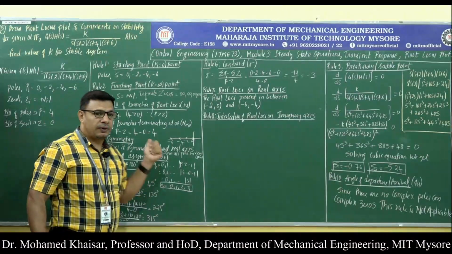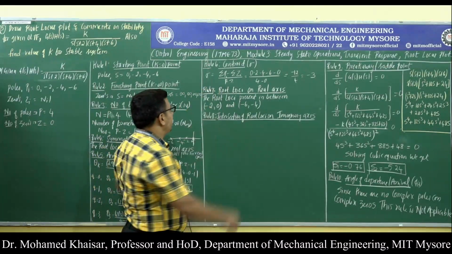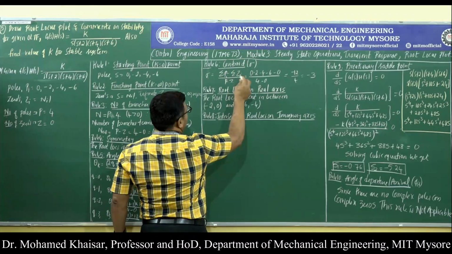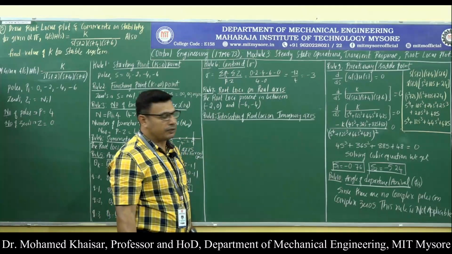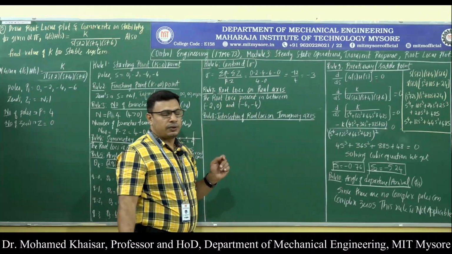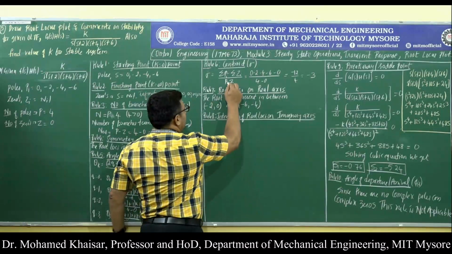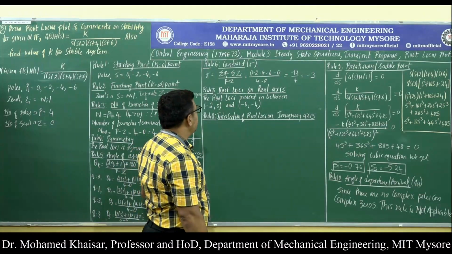They emerge from a point on the real axis which is called the centroid, which is given by sigma Pi minus sigma Zi divided by P minus Z. Pi are the poles, Zi are the zeros, capital P is the number of poles, capital Z is the number of zeros. So, just substitute the same and get the centroid.